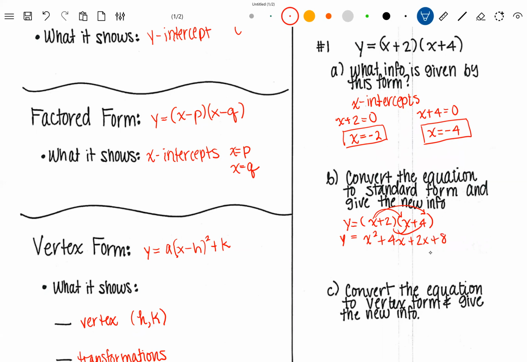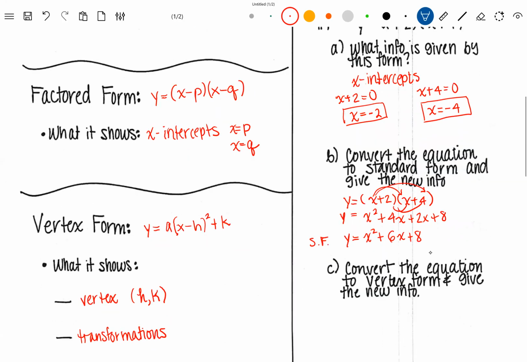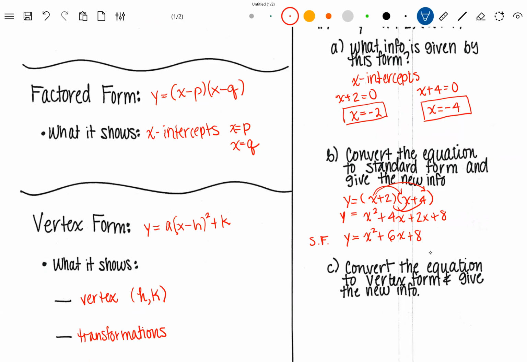And when I combine those like terms, I get x squared plus 6x plus 8. So this is the standard form. Then it says give the new information. Once it's in standard form, all I have to do is look at the constant here, and that tells me what the y-intercept is. The y-intercept is 8.